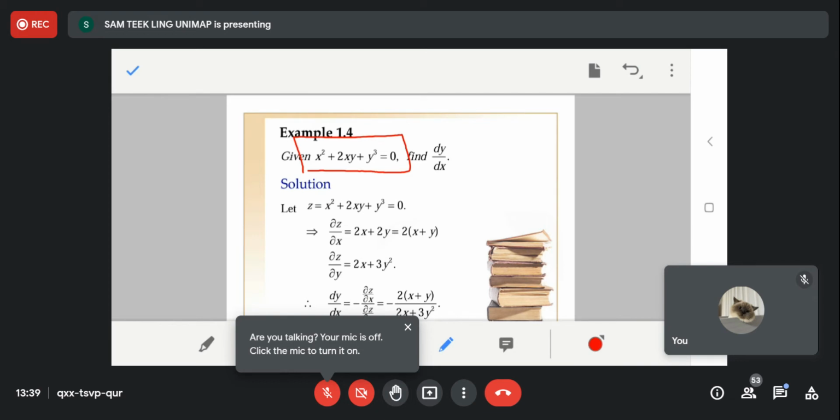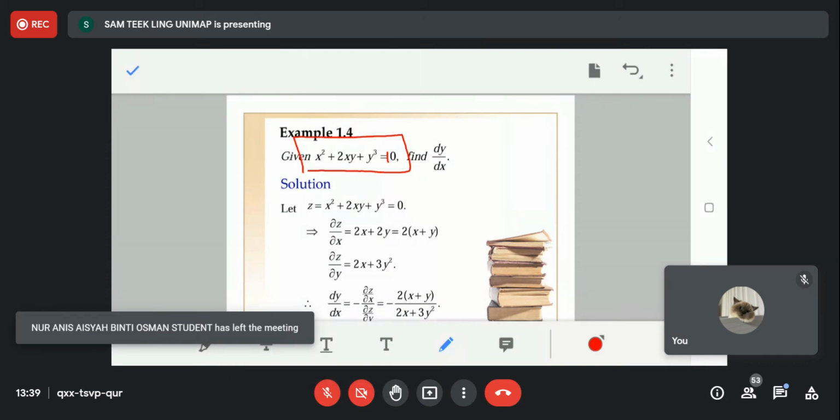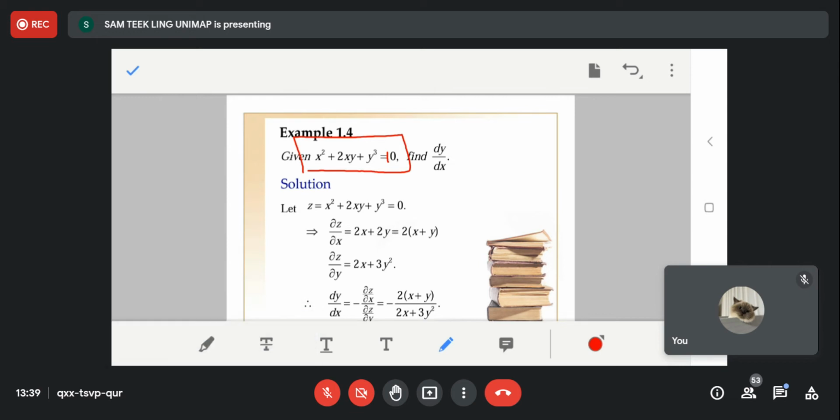Now our constant is 0. Here they can also give any number, for example x power 2 plus 2xy plus y power 3 equals 10, which is the same kind of constant. 10 is a constant, or negative 10, negative 2, any number is okay. All of those are constants.